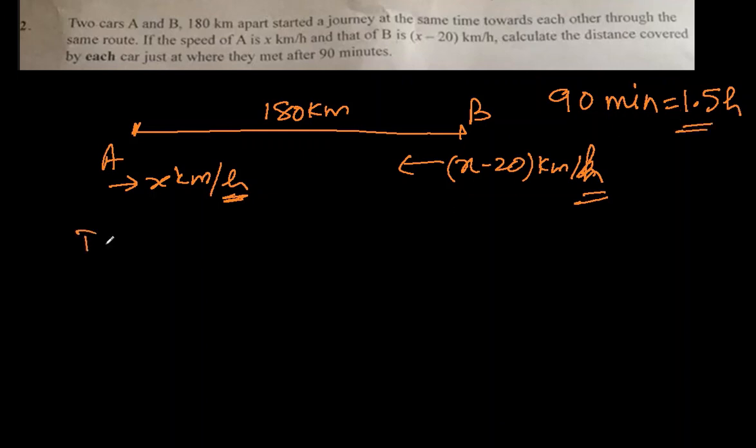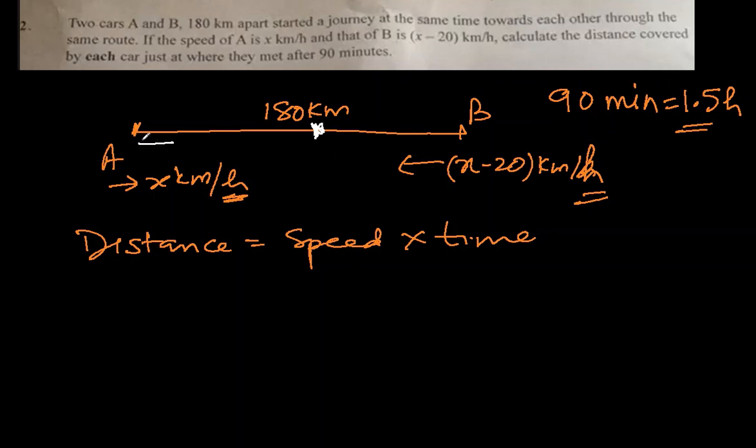We know that the distance equal to speed times time. So let's assume that they meet here at this point. Let's assume that this distance covered by A is say m kilometers, and this distance covered by B is n kilometers.